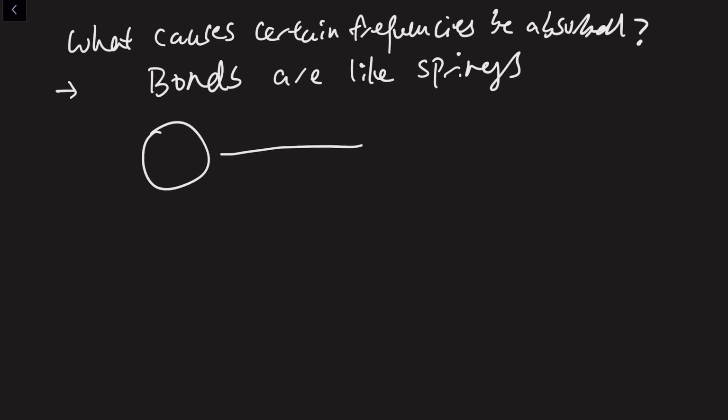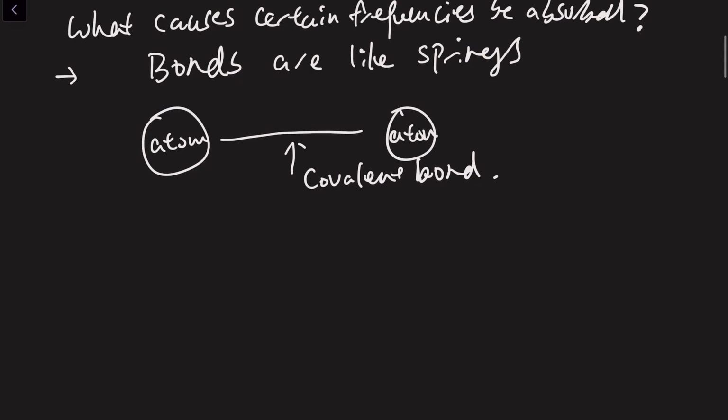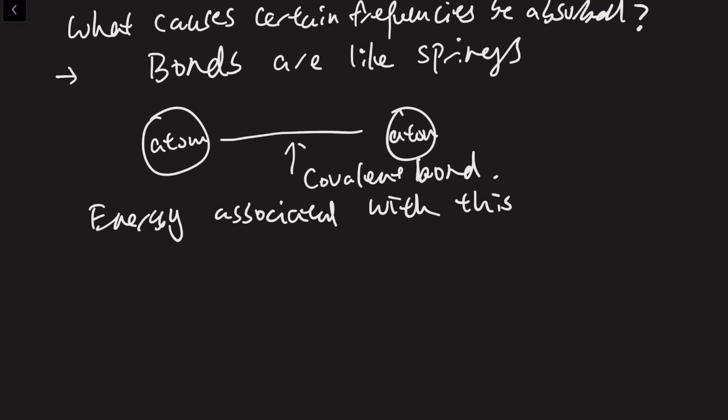So you have two atoms which are connected by a covalent bond, because we are dealing with organic molecules. In a covalent bond, there's certain energy associated with this bond.